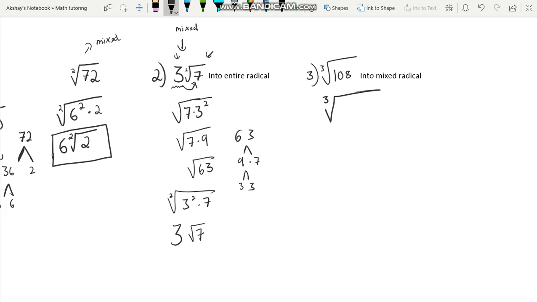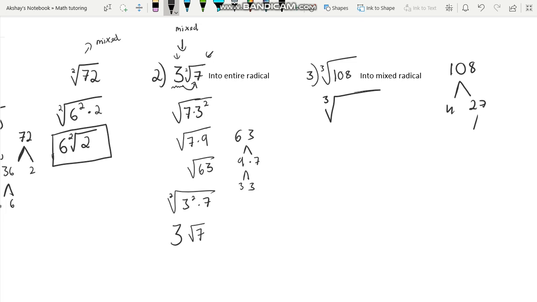So 3 to the power 3 or 3 cubed would be 27, and 2 cubed would be 8, and that type of thing. So our 108, we would prime factorize our 108, which would be the first thing we would do. We can do 108 divided by 27, and we get 4 times 27.